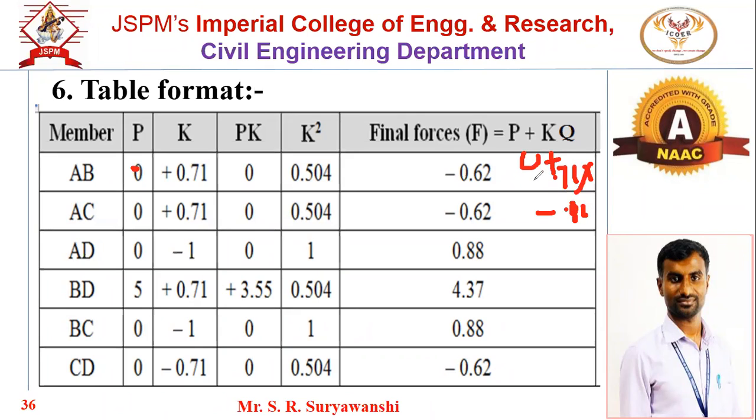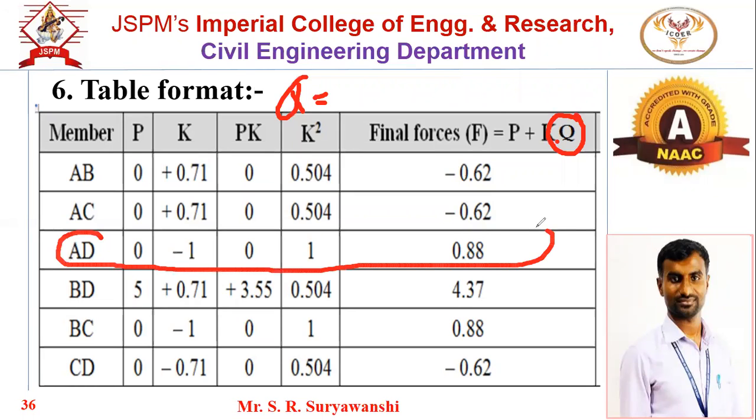So that calculation we have to perform: P force of member plus K force of member into Q. In SA1, Q was represented as a correction factor, but here Q represents the final member force of the redundant member.